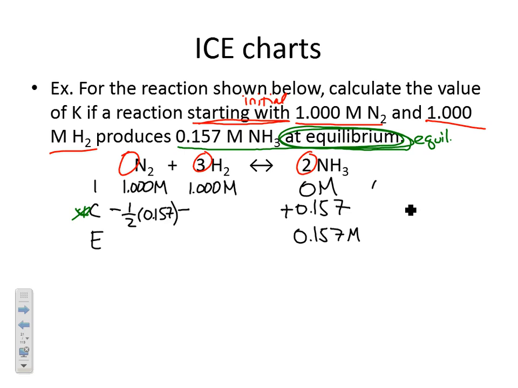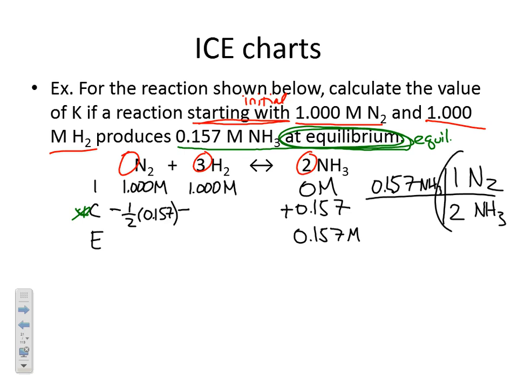Because the way I figured that out is I essentially said if the change for the NH3 is 0.157, then I'm just using my ratios in essentially a t-chart that says that 2 moles of ammonia come from 1 mole of nitrogen. So the change for the nitrogen must have been 1/2. That's where that 1/2 came from.